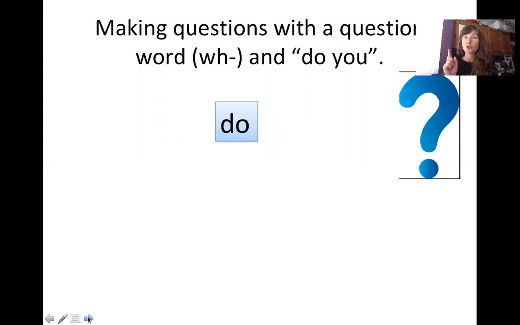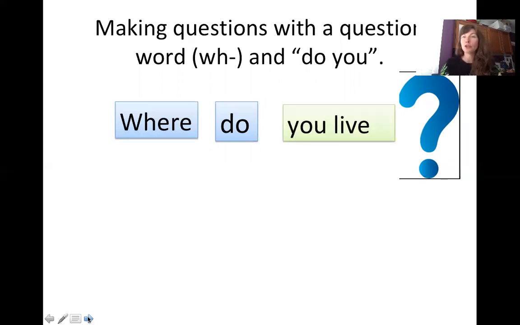So, do, very important. So, where do you live? Where do you live? Do not say where you live. That is not correct. You must have the do when you ask a question. Okay, where do you live?